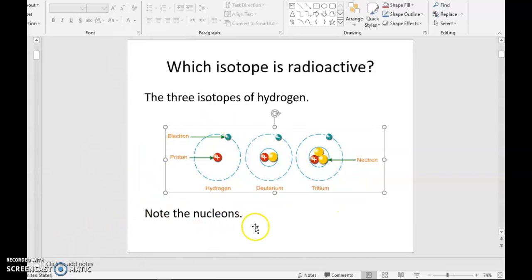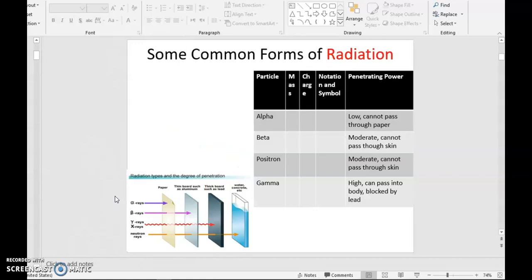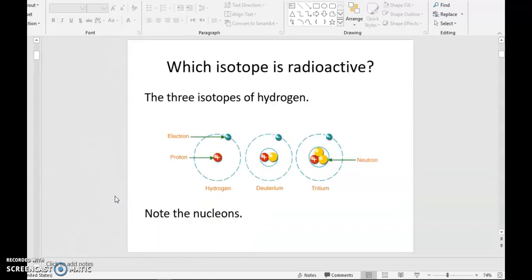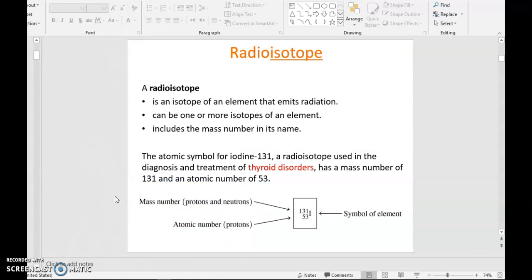The definition of an isotope is different versions of the same element with different atomic mass numbers, or different numbers of neutrons. When this happens, we call the element a radioisotope.